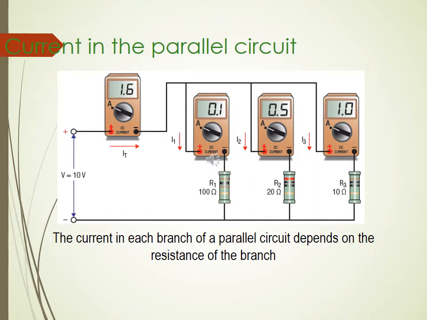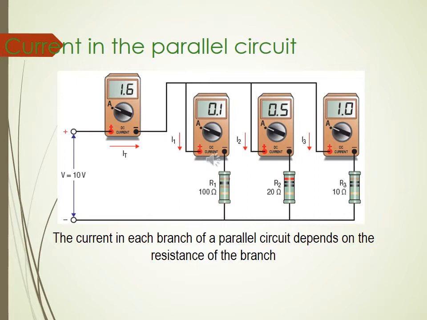As we've said on a number of occasions, in a series circuit, the current in the circuit is constant throughout all of the individual resistors or loads. As this is not a series circuit, this is a parallel circuit, this diagram is trying to tell you that the sum of the currents in the loads is equal to the total current.